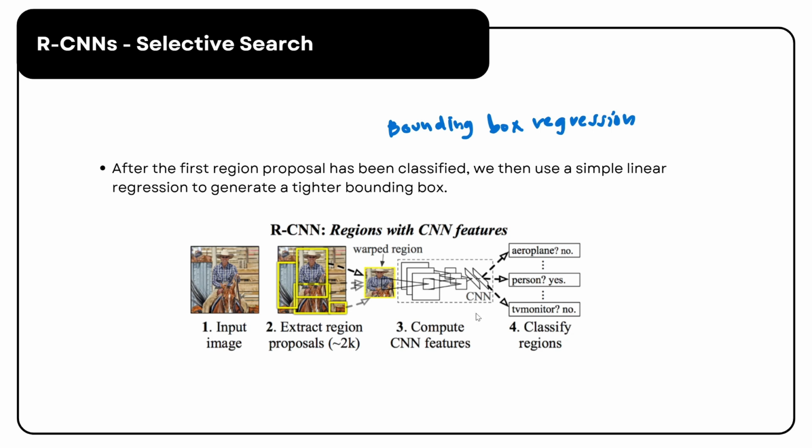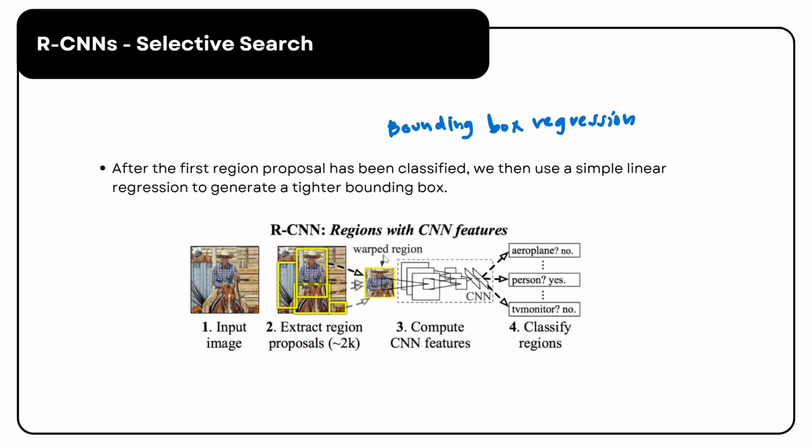These adjustments make the bounding box tighter and more accurate, ensuring it hugs the object as closely as possible. You can think of it as a fine-tuning step. Classification tells us what the region is, and the regression adjusts where the box should precisely be.